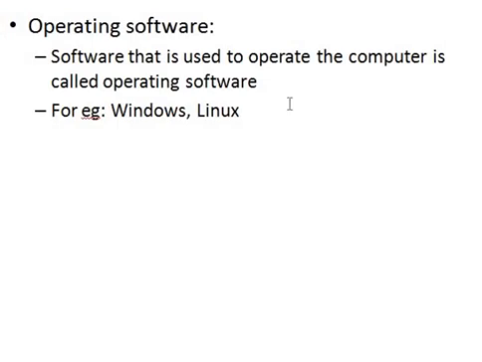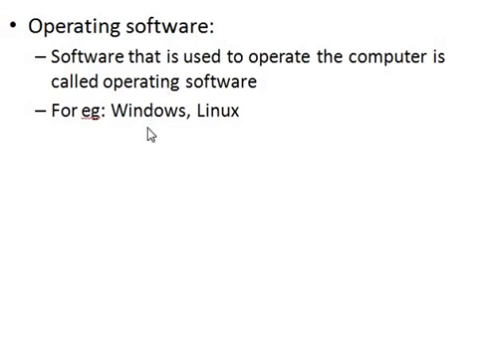Operating software is nothing but the software that is used to operate the computer, that is used to operate the hardware. The software used to operate all the CPU components inside the computer is what we call operating software.